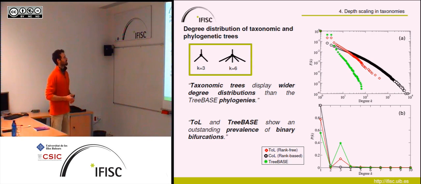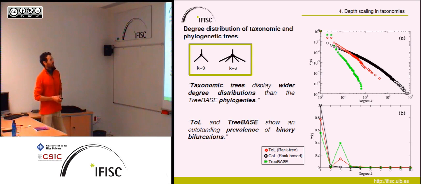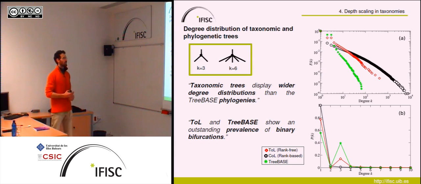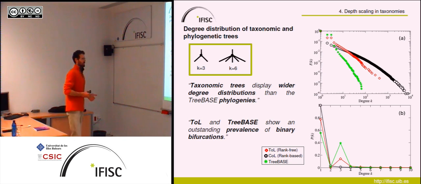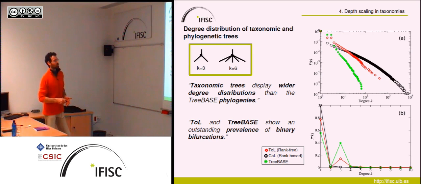The analysis of the cumulative complementary degree distribution displayed that both taxonomic trees displayed a wider degree distribution than the one depicted by the phylogenetic trees from TreeBase.